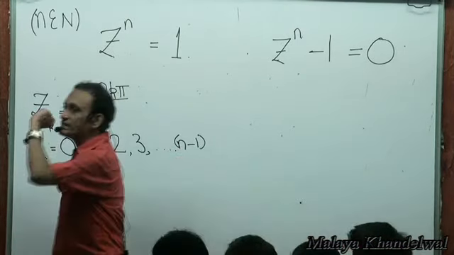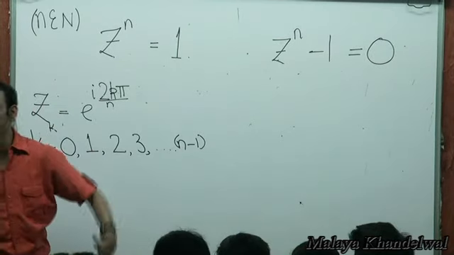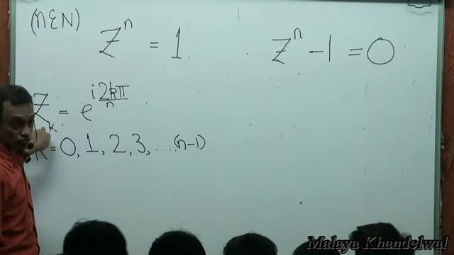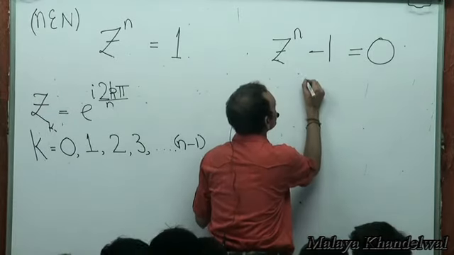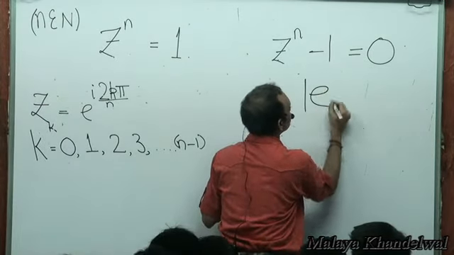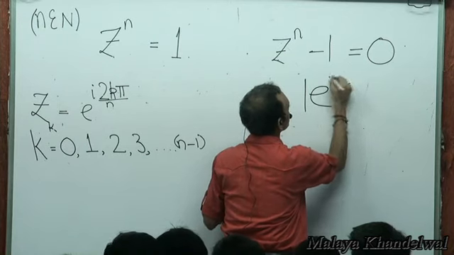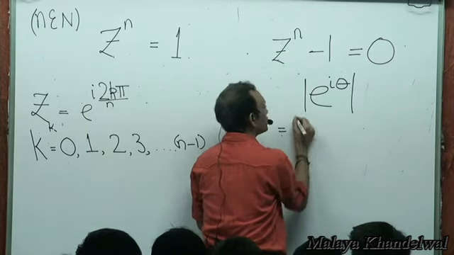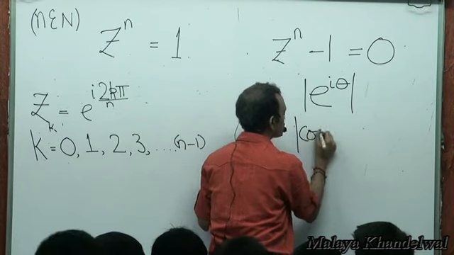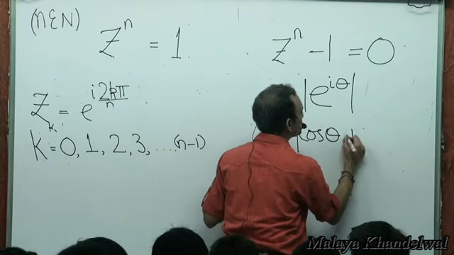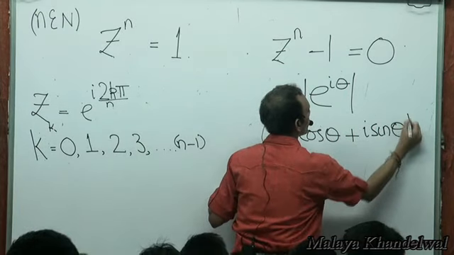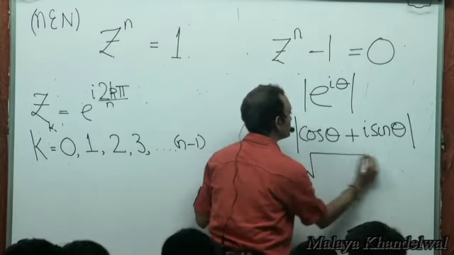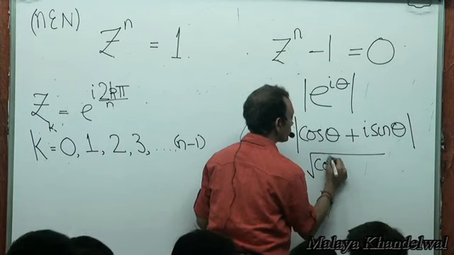Now, having said this, come down to these zk's. These zk's are the various n roots of unity, right? And also realize that if I took mod of e power i theta, it's like mod of cos theta plus i sin theta, which is root of cos square theta plus sin square theta.